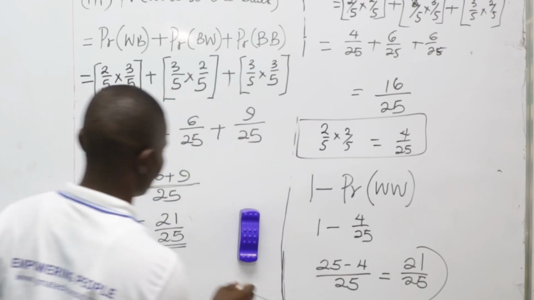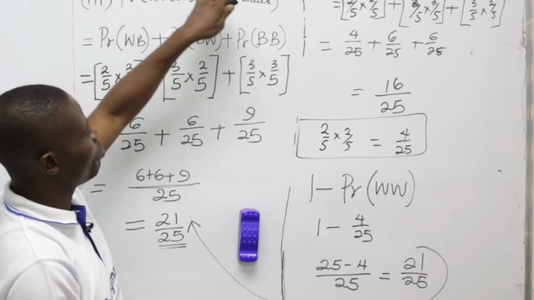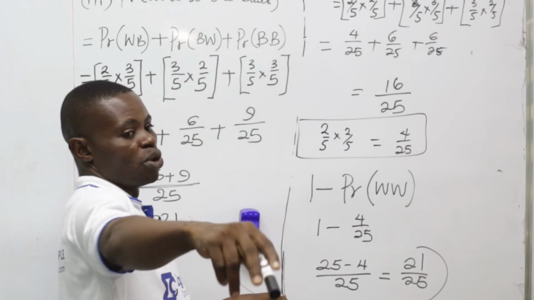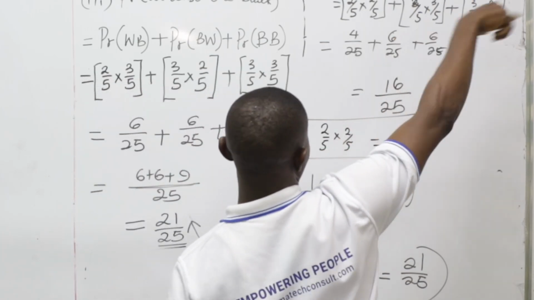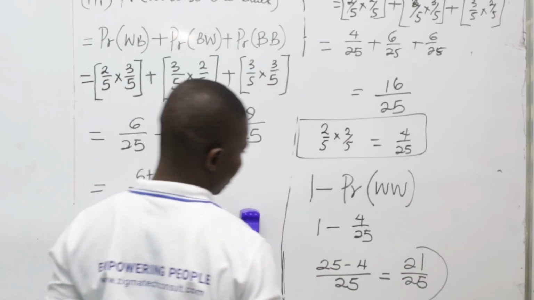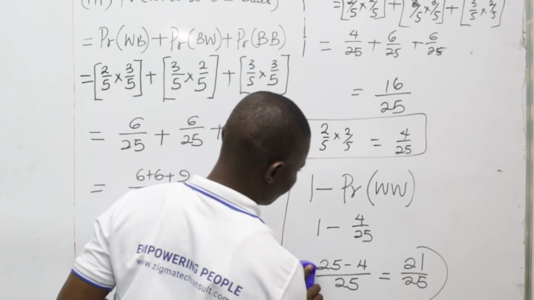So it will give us the probability of who? At least 1 black. But if you want to get the one for at most 1 black, it is 1 minus black black. Our black black is 3 all over 5. Let's check that one.